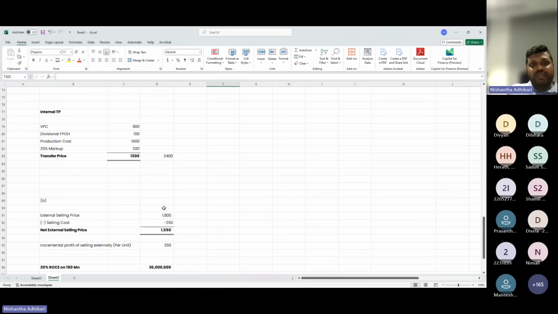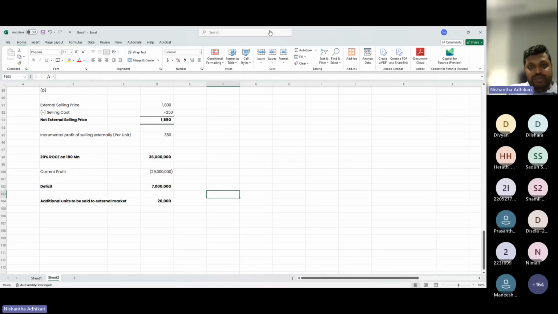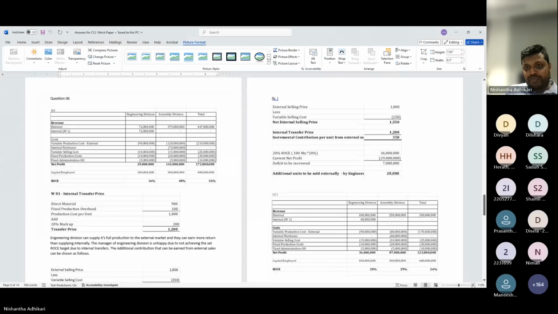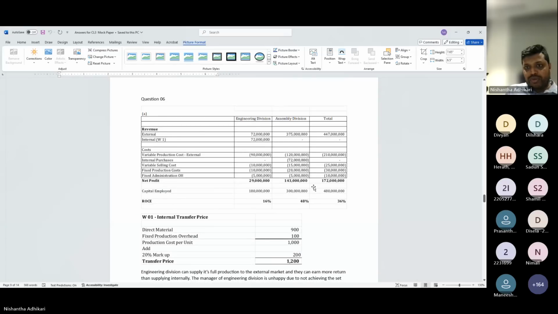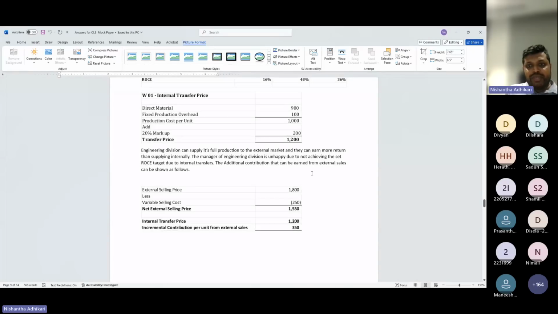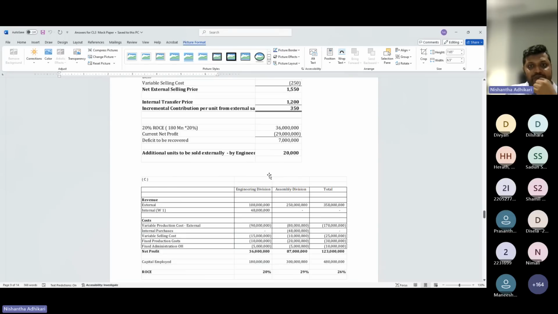Now you can work out the remaining one. I will show you the answer script. Then if we have done like that, what will happen to profitability? Part B, this one we have done.